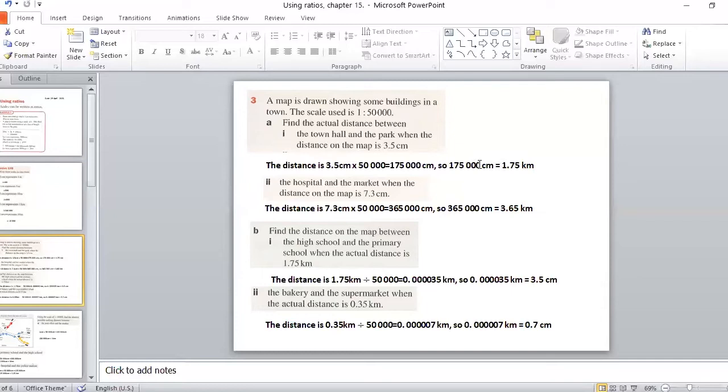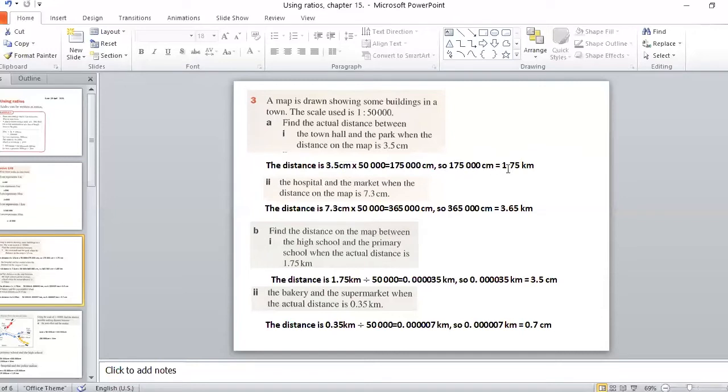In this case, we use the fifth power of 10, recalling that 1 kilometer equals 1,000 meters, and 1 meter equals 100 centimeters. 100 and 1,000, totally 5 zeros, or 100,000, is the power of 10 that will help us convert 175,000 centimeters into kilometers by dividing.